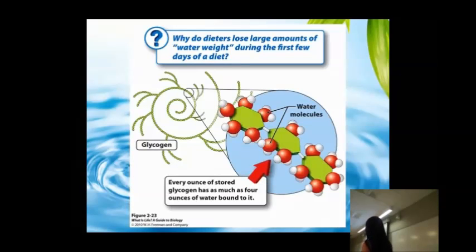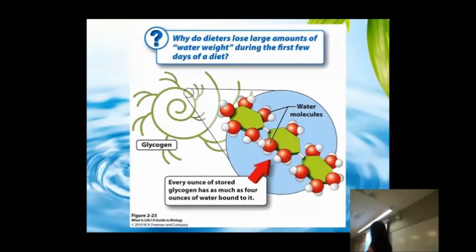Why do dieters lose large amounts of water weight during the first few days of a diet? That can be something that's really frustrating if you're going on a diet because you're trying to lose weight and then you lose 5 pounds really fast, and then it may take a long time to lose those next 5 pounds. And that's because when we lose weight, at first we lose what's called water weight.